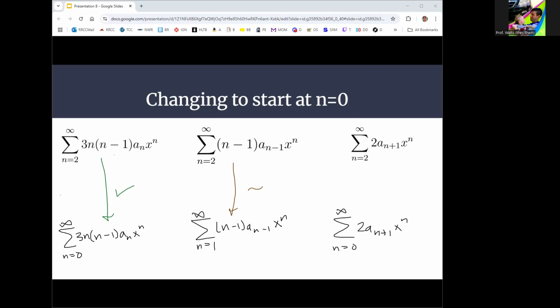So you're looking for those additional terms when n equals 0 or n equals 1 to be 0. If they're not 0, you can't just change it. So this one's stuck at 2. Those are kind of the three cases there.